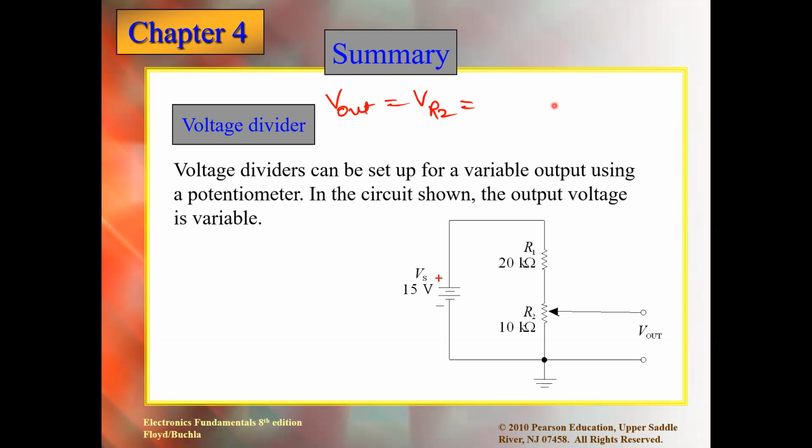Yesterday we discussed what it was: R2 over the sum of the resistances R1 plus R2, multiplied by Vs. Clear? So the thing is, here we can see that this resistance is basically variable. So this output is directly depending upon R2. So if R2 varies, the output will also vary.